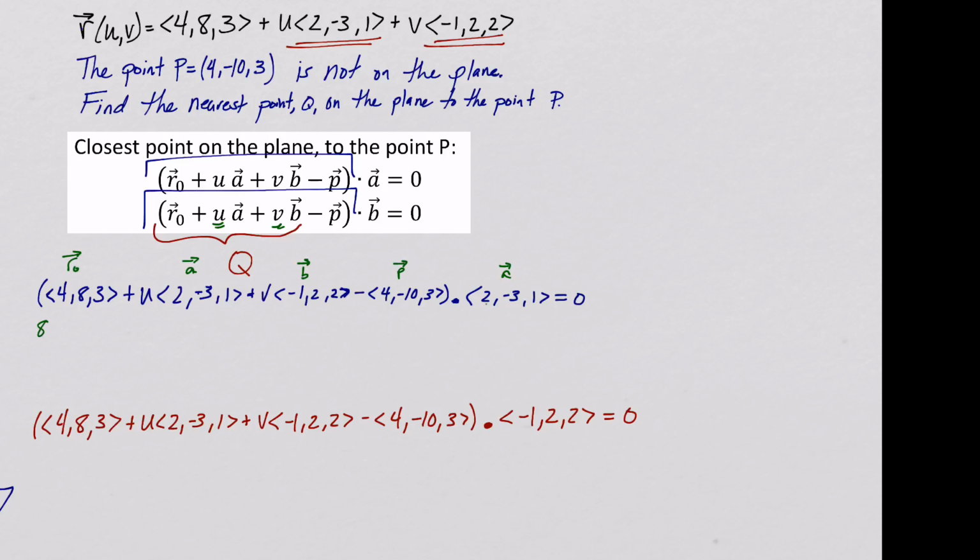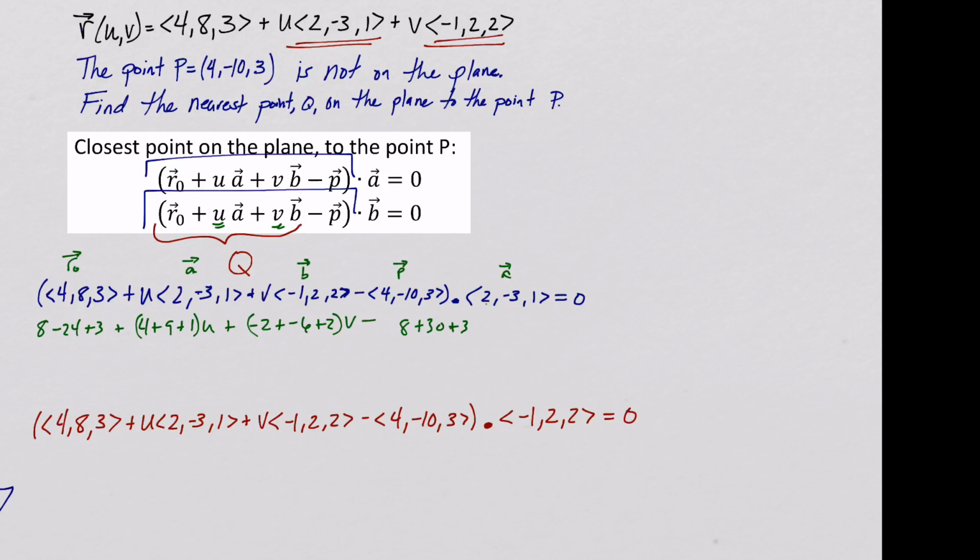So I'm going to have 8 minus 24, and then plus 3, plus, now I've got 4 plus 9 plus 1, and all that has a u, plus, let's see, negative 2 plus negative 6 plus 2, all that is v, minus, and I've got 8 plus 30 plus 3, right?